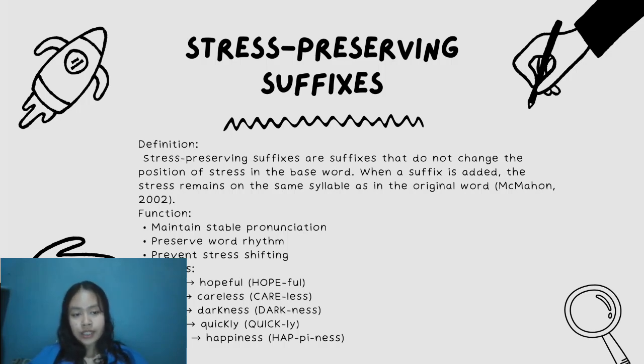In both cases, the stress does not change. All these examples show that stress-preserving suffixes do not affect the original stress pattern. This explanation is based on McMahon, An Introduction to English Phonology, and Plag, Word Formation in English.